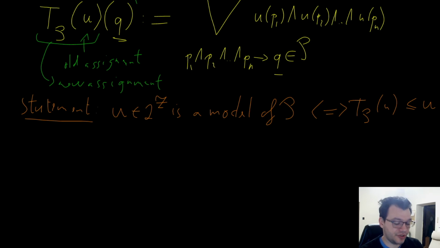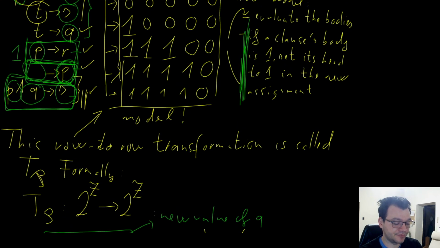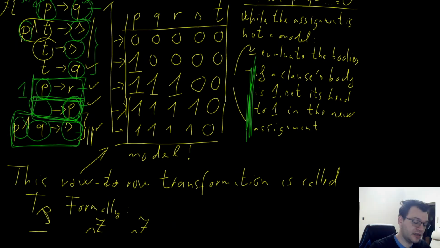In all coordinates. So let's just get back here. Here I applied the TP function. Now it increased. Okay, so it's not a model. And then again I just applied the function TP, and again the 1000 became 11100.